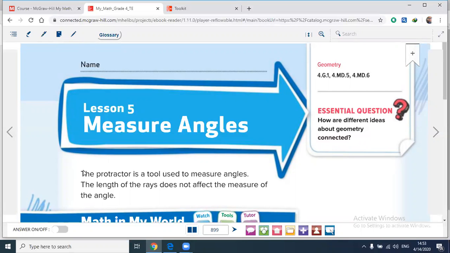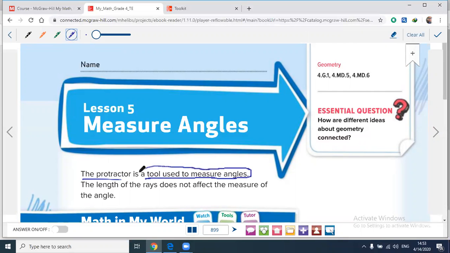The protractor. The protractor is a tool used to measure angles.